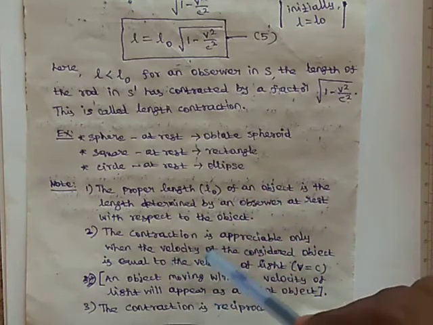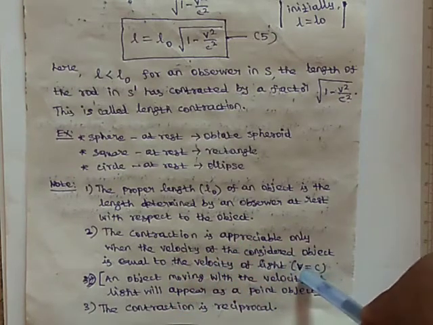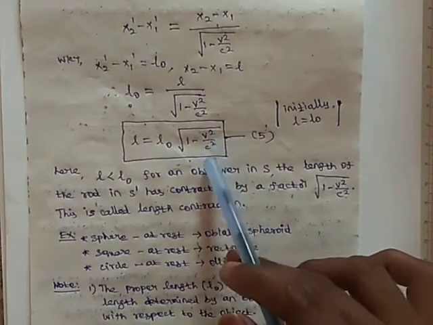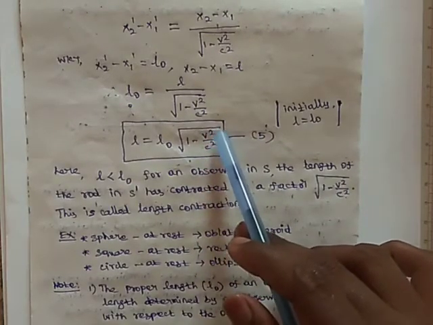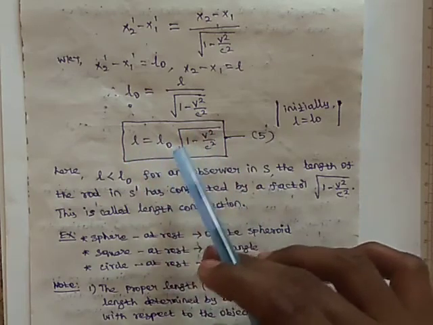The second point is that the contraction is appreciable only when the velocity of the object is comparable to the velocity of light. So apply the condition v equal to c in this equation. v equal to c means v square by c square is 1, so root of 1 minus 1 gives 0. So L is equal to 0.